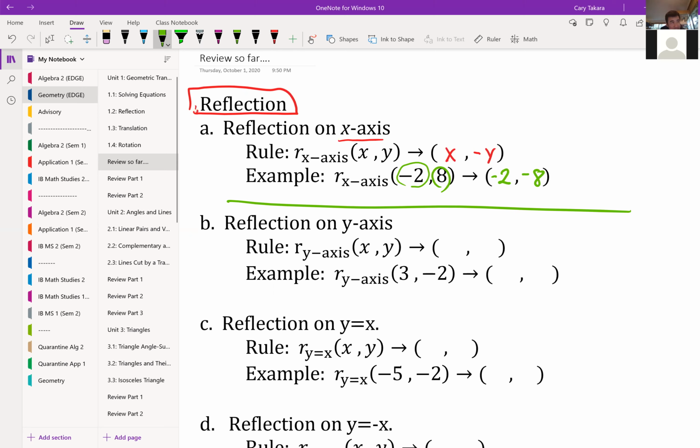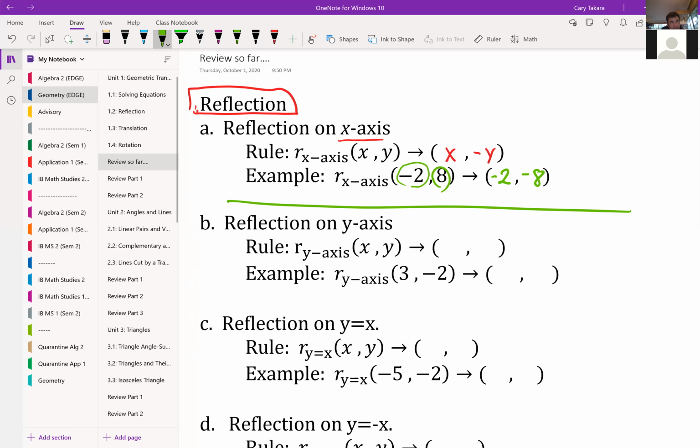Does anybody remember the rule for reflection on the y-axis? How does x, y become reflected? Everything that we are writing is in your notes, right? But I thought it would be good to put everything summarized on one page.